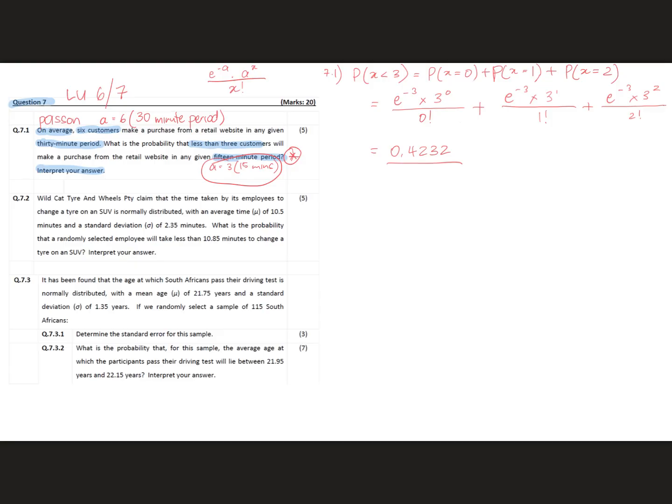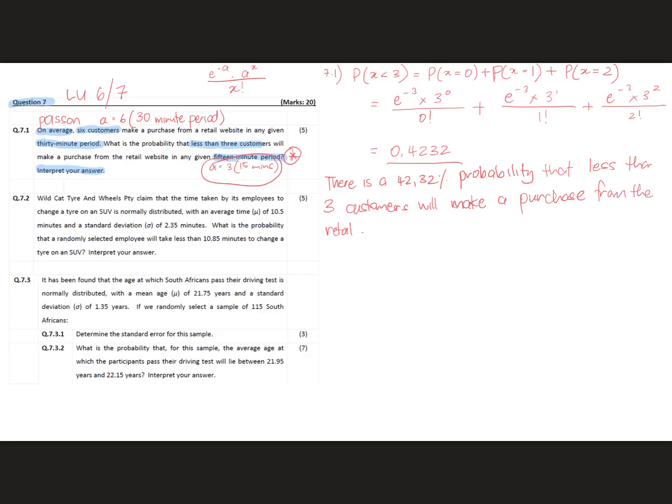So you will now say that therefore there is a 42.32% probability that less than 3 customers will make a purchase from the retail website.